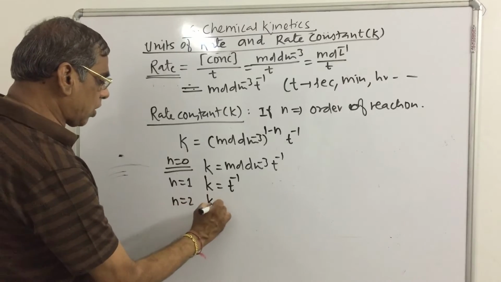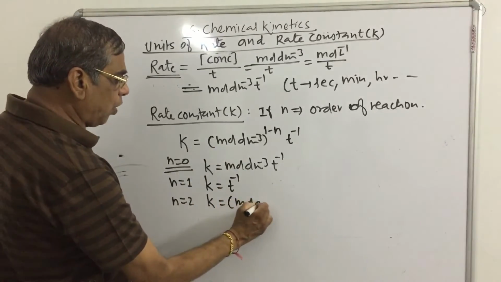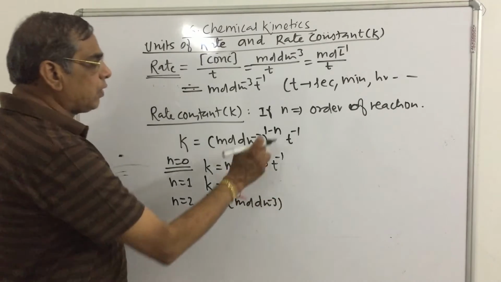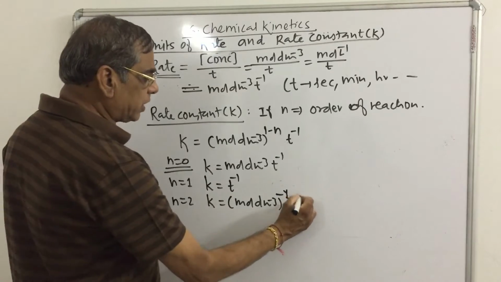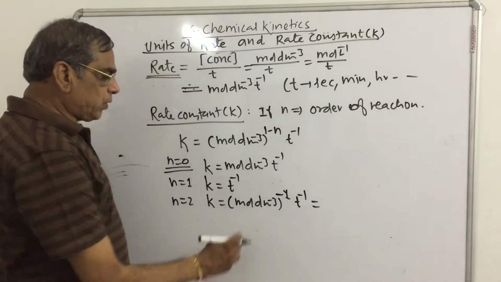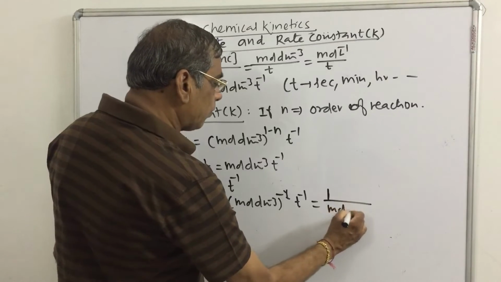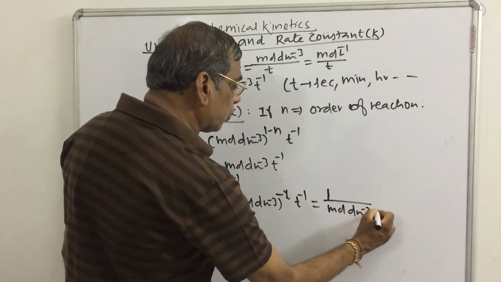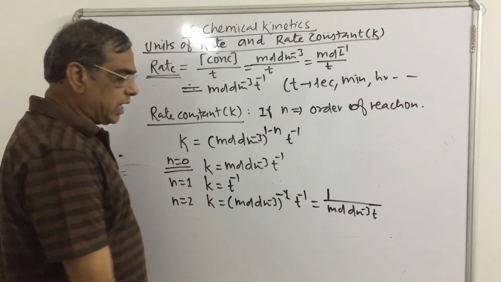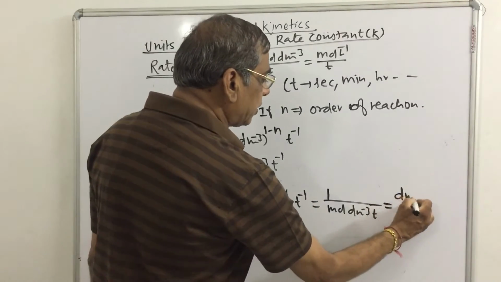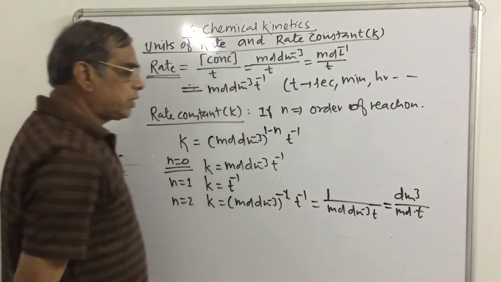What about second order? Again K equals mole per dm cube to the power 1 minus n, that is minus 1, time inverse, or we can say that is 1 upon mole per dm cube time, or we can say dm cube divided by mole into time.